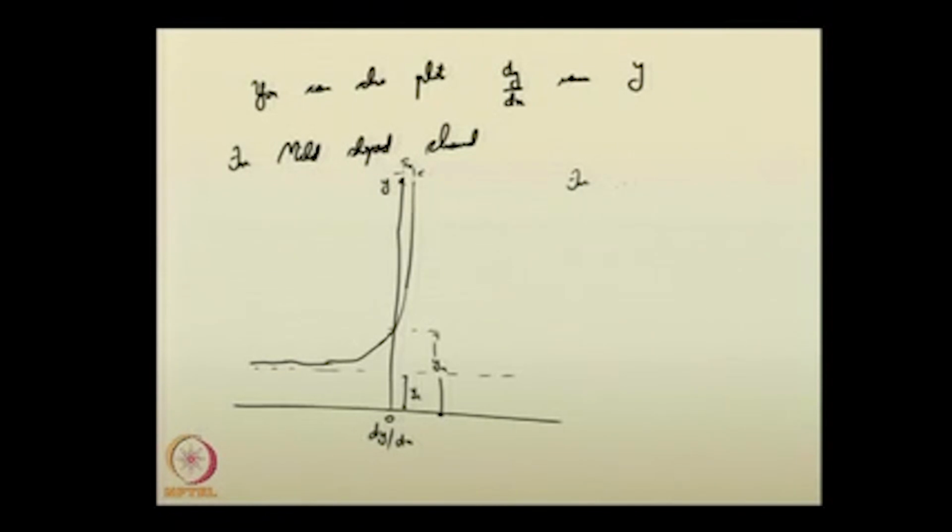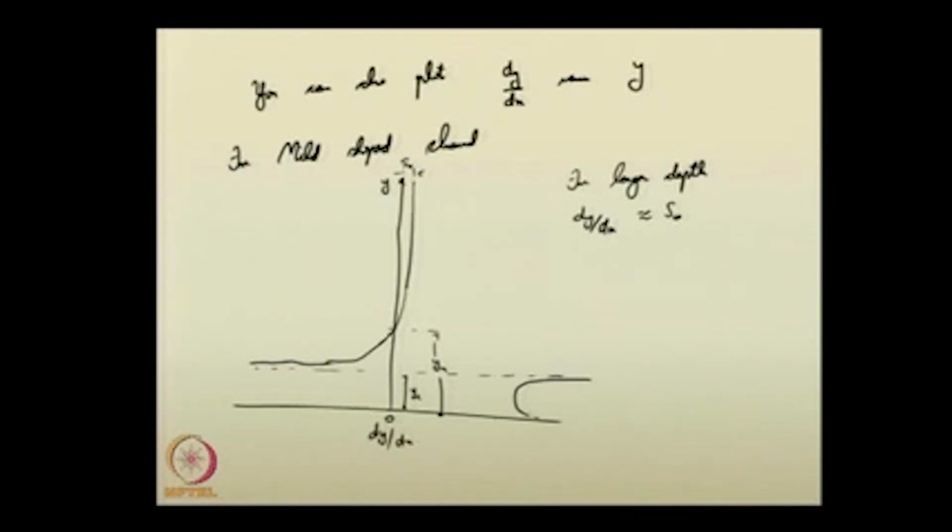You can infer from this figure that for larger depth, dy by dx is approximately equal to your bed slope. Then this is your zone 1, and this is zone 3. So, in zone 3 the dy by dx curve is something of this form.